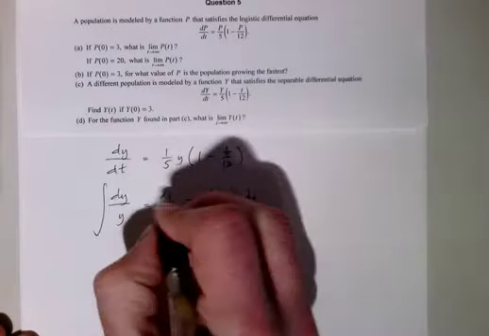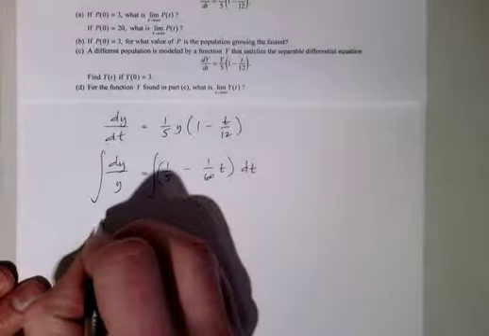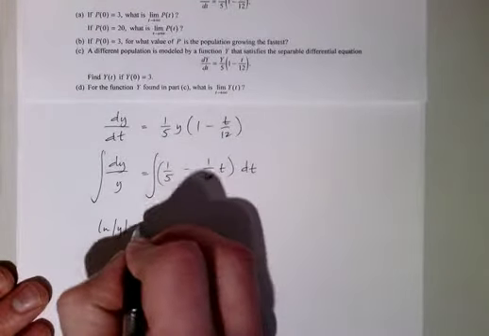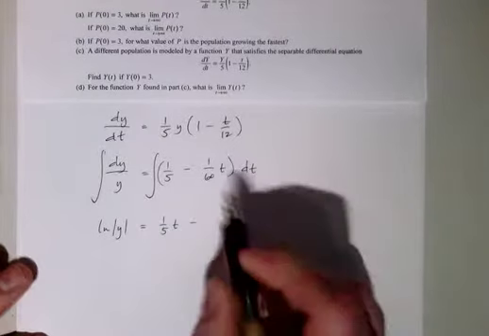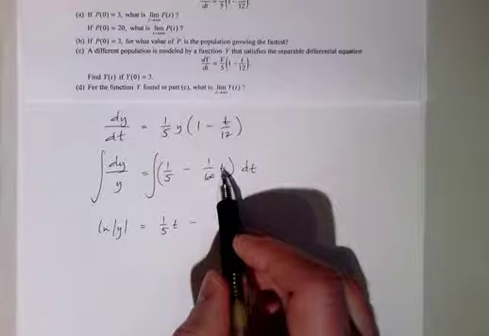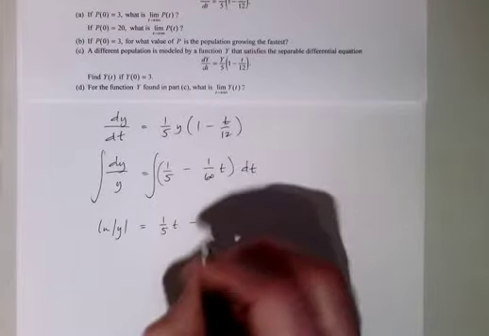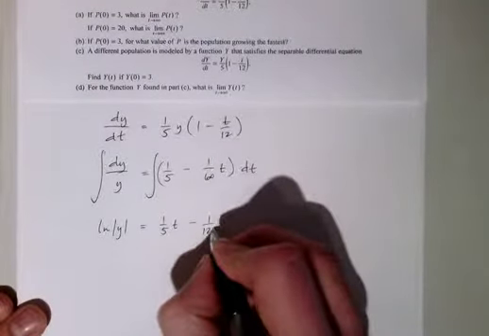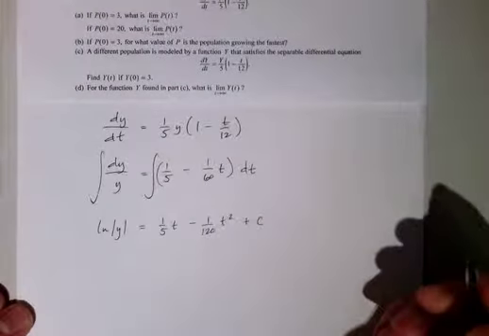Well, let's go ahead and actually figure that out. This becomes natural log of y is equal to 1/5 t. Now, remember that if we do this, this is going to wind up being t squared over 2. So it's 1 over 120 t squared plus c.